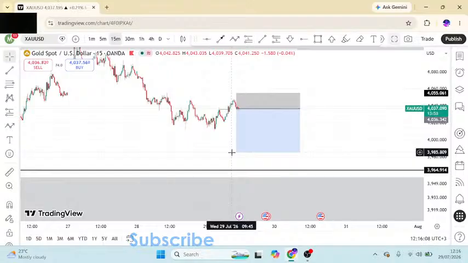Another thing, guys, you don't need to wait for the full TP to be hit. If you are satisfied with your target or what you have hit, then you can exit the market. You don't need to sleep on it, or else your profits will be taken back again. So you need to follow your risk management.